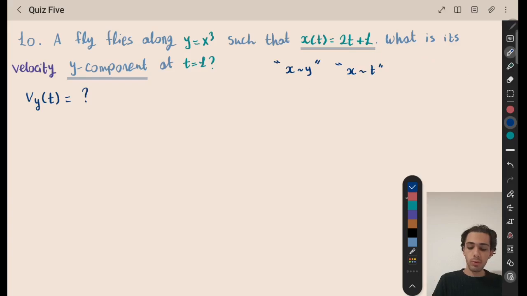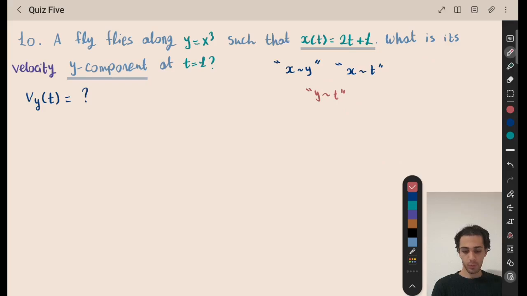So what is the relation between y and t? This is food for thought. I'm trying to show how one might familiarize themselves with the concept that's involved with this type of question.